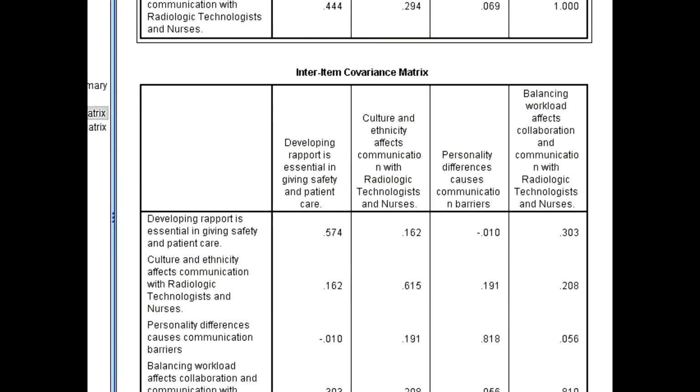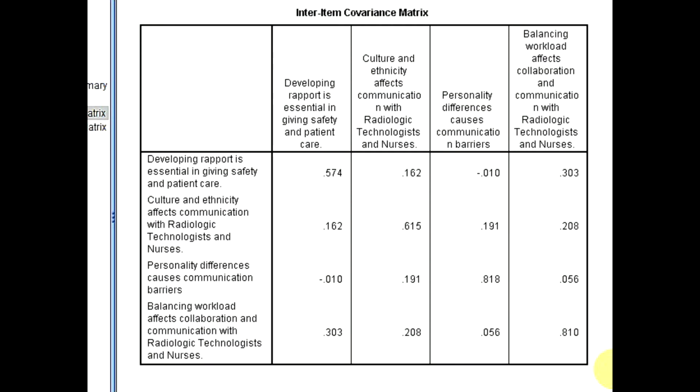So inter-item covariance is pretty much the same. You see negative values here, so you will have to look at that, so you will realize what's wrong with this question, or maybe the question seems to be unclear to the respondents.